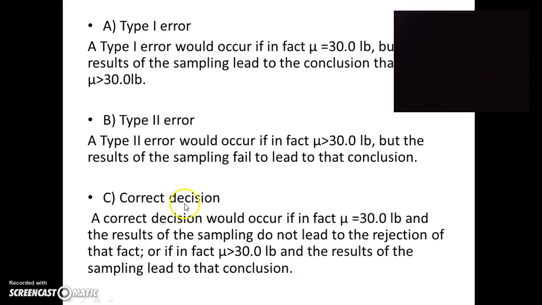The correct decision is mu is 30, and the results we get do not lead us to reject this. Or mu is actually greater than 30, and the results that we get lead us to this conclusion.